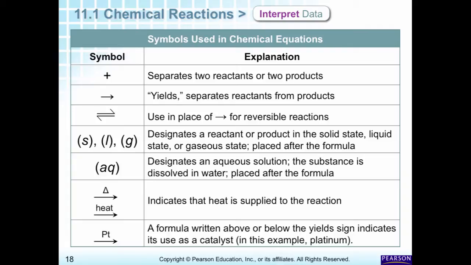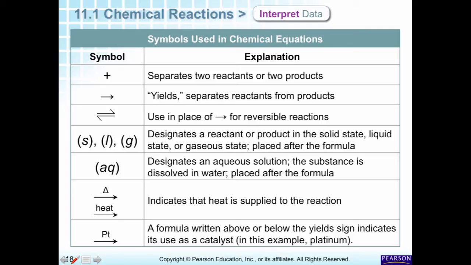An arrow with one direction means yields. Sometimes we use 2 half arrows in both directions. This means the reaction can go forward, and the products can become reactants and go back and form more reactants. This is a reversible reaction, which we'll talk about later in the course.